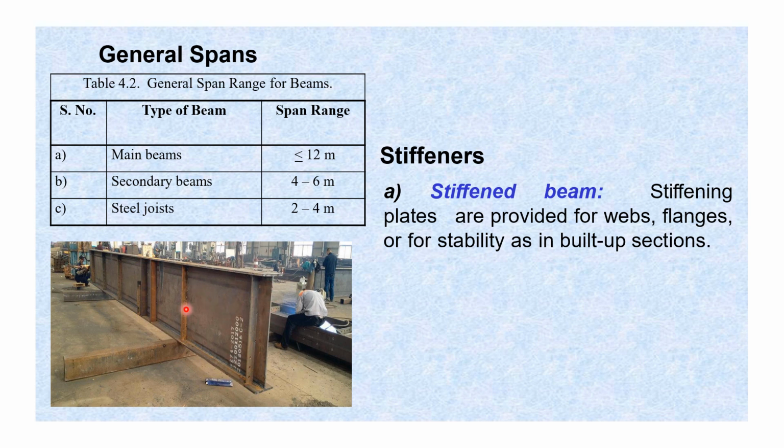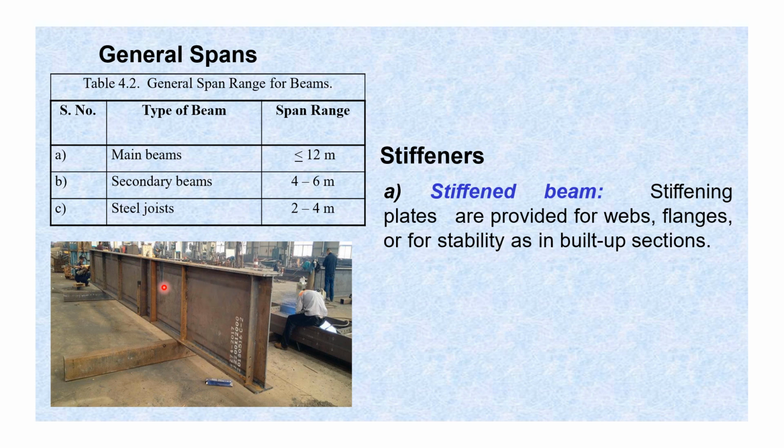Again, the web is stiffened, meaning strengthened, with these plates or angles, so that the stiffness or stability will improve. That type of beam is called a stiffened beam.